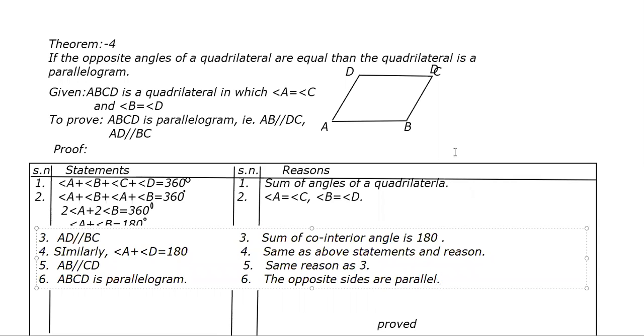First of all, we take angle A and angle C equal, angle B and angle D equal, so the total sum is 360 because it is a quadrilateral.